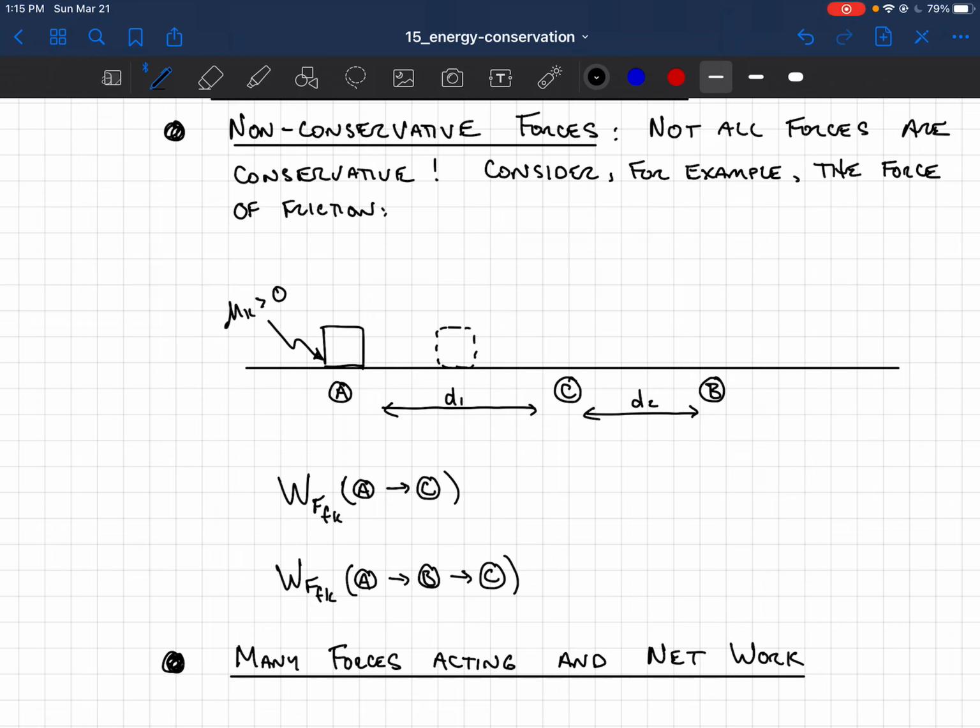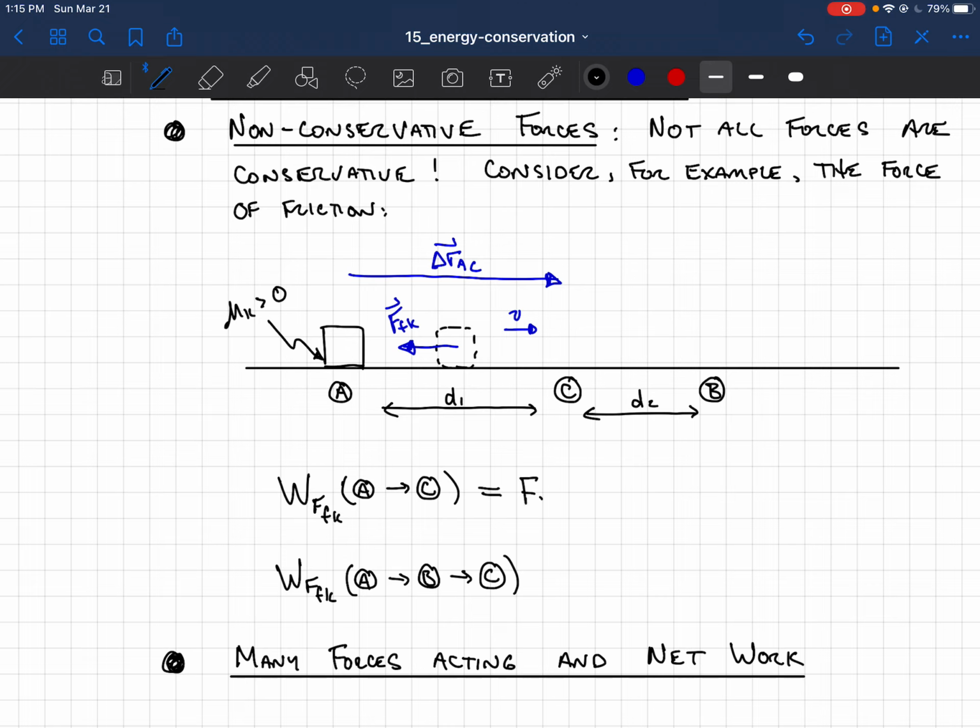So we can move the mass along the floor, and as it moves, there will be a force of kinetic friction that points opposite to its direction of motion and also opposite to its displacement vector, for example, from A to C. So what is going to be the work, for example, from A to C?